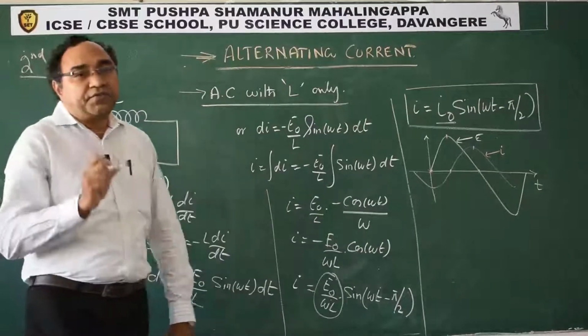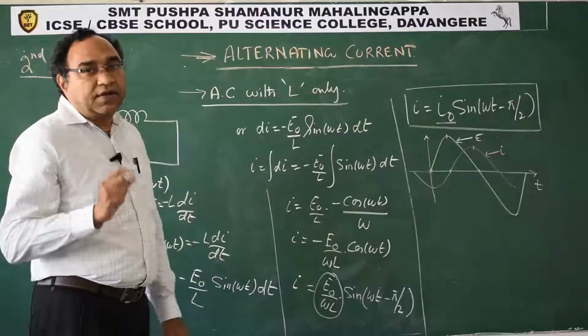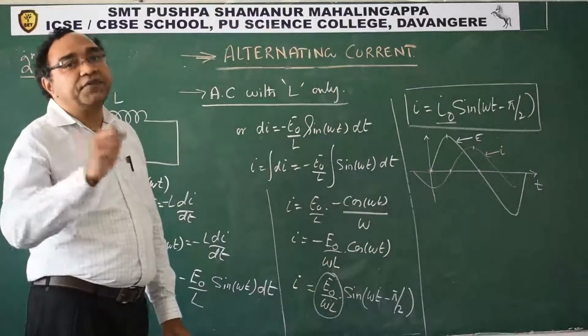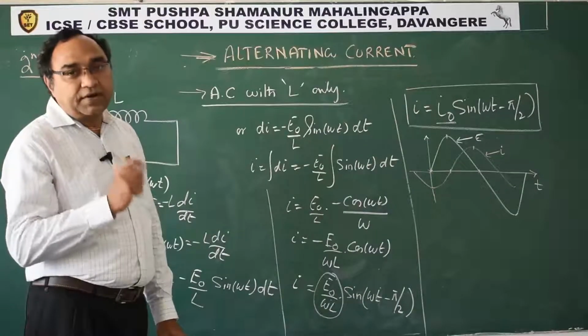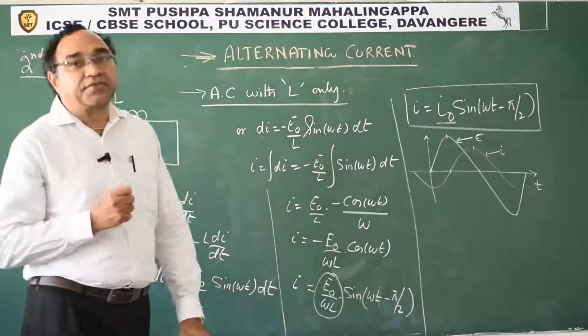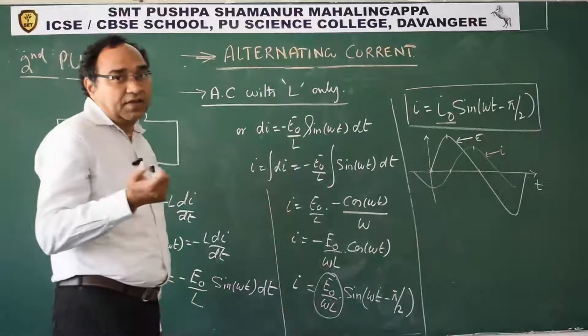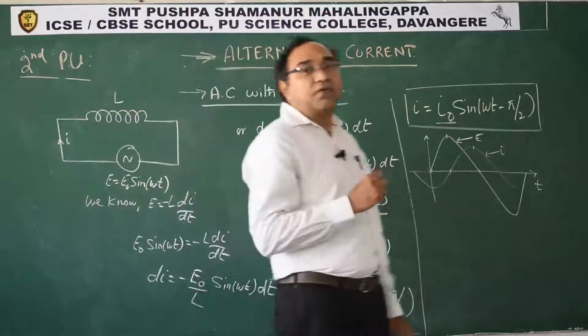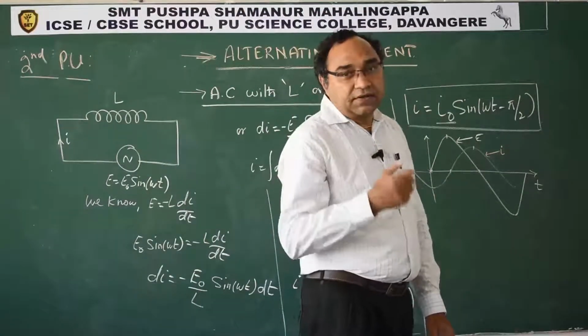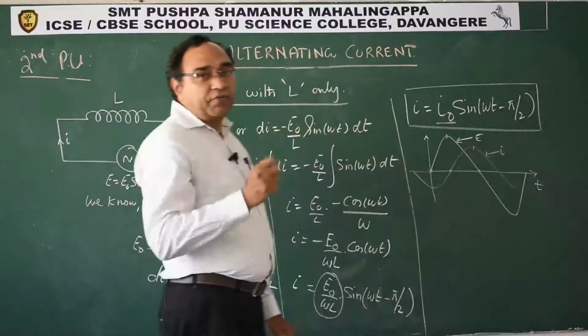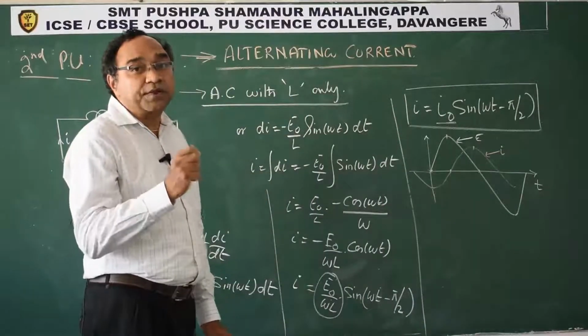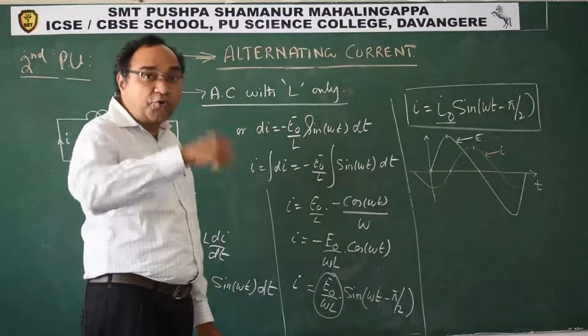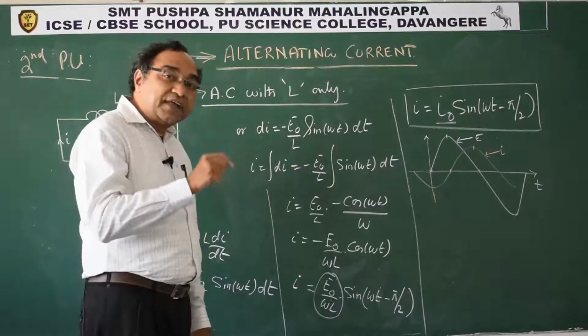See, the word resistance or the resistor is reserved for DC circuit. The word R, resistor, is reserved for DC circuit. For AC circuit, we are using inductor.